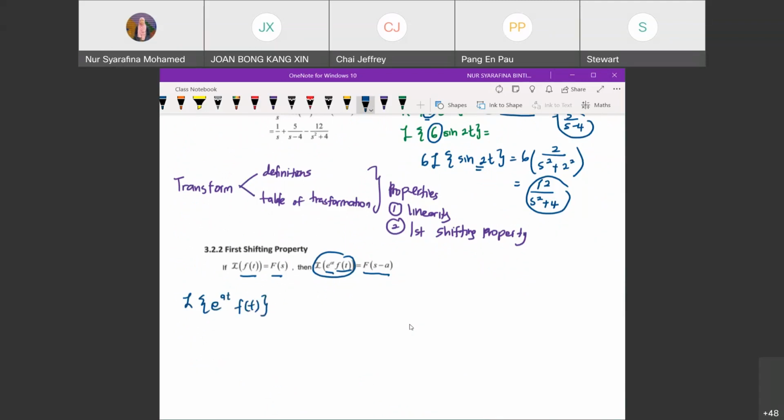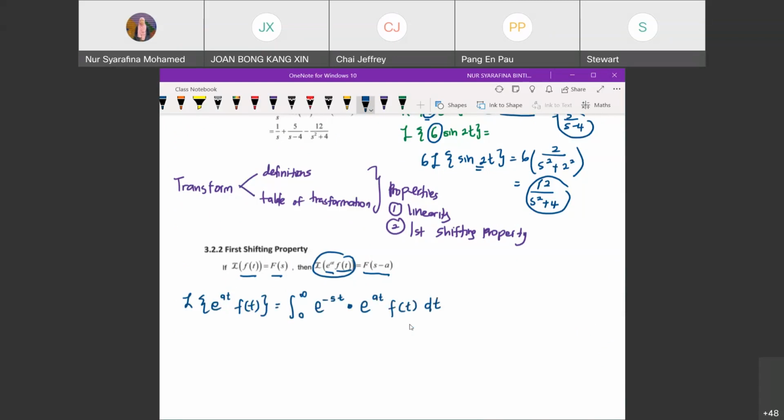By definition, it is always integrate from 0 to infinity, exponent minus st times with f(t). But now you have this whole function, so times with exponent at f(t) with respect to t.